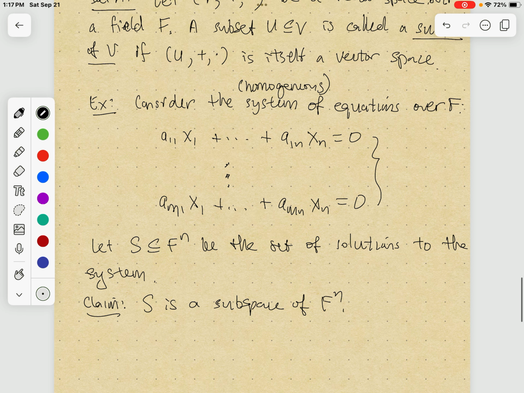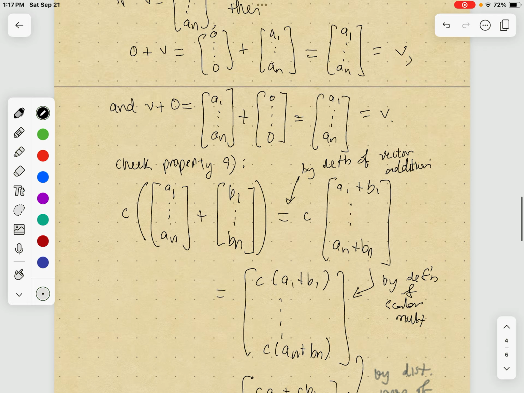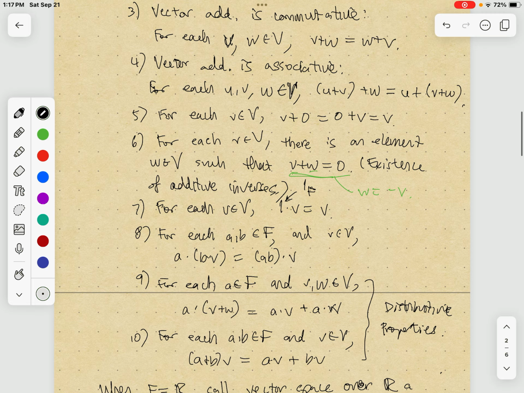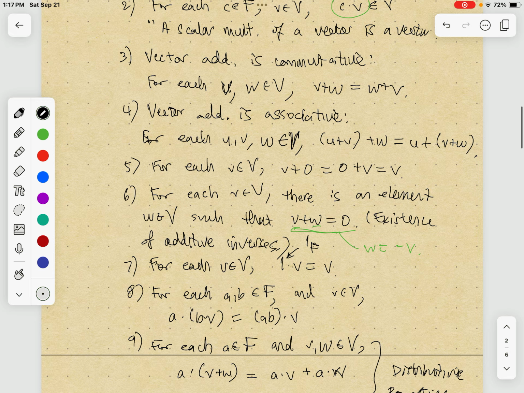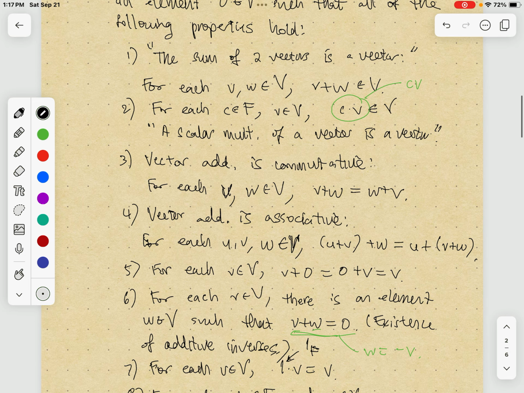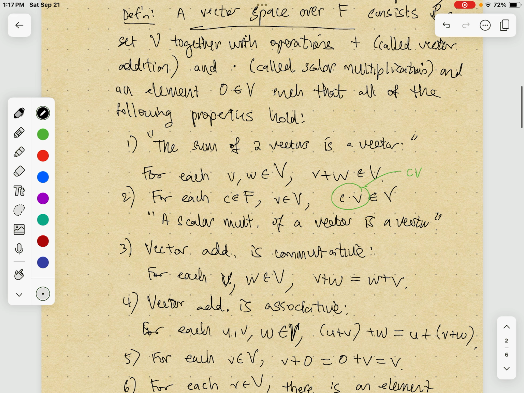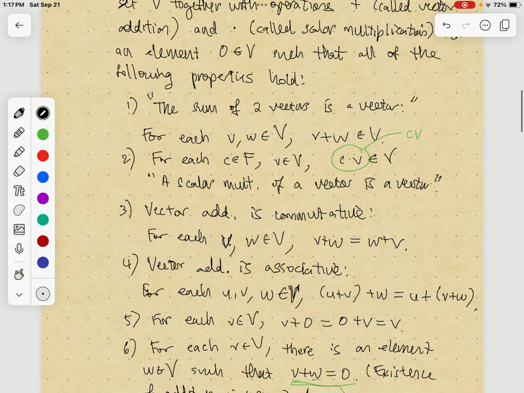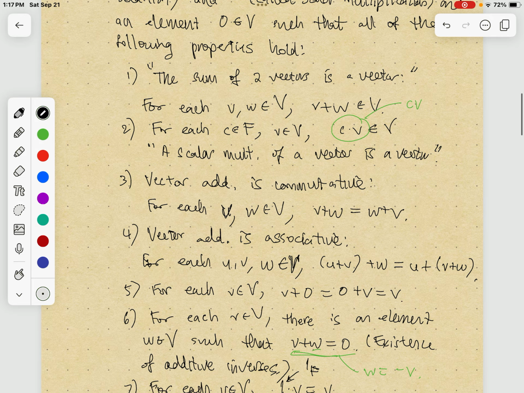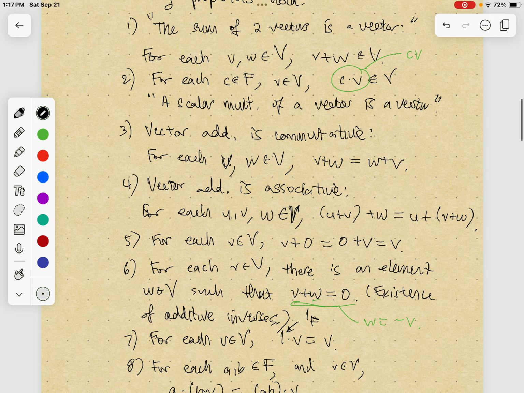Well, technically, we have to show the 10 axioms. We need to show that S is a vector space over F, which means it's a set together with operations. Well, we don't need to show that, but we need to show that there is an element 0 such that all these properties hold.